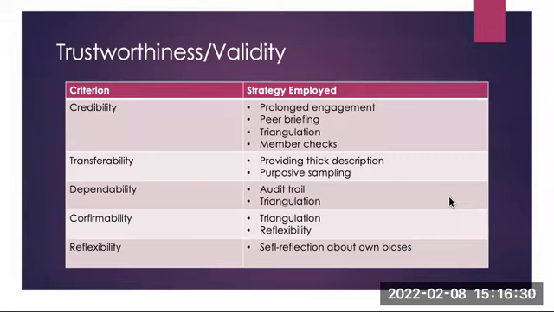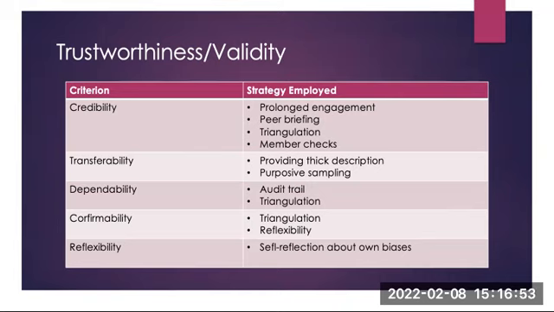As part of this, we should use an audit trail. An audit trail refers to describing the research steps that were taken from the start of the project to the development of the project and reporting of the findings. These records should be kept throughout the study.